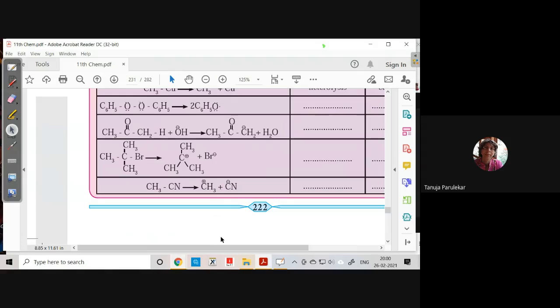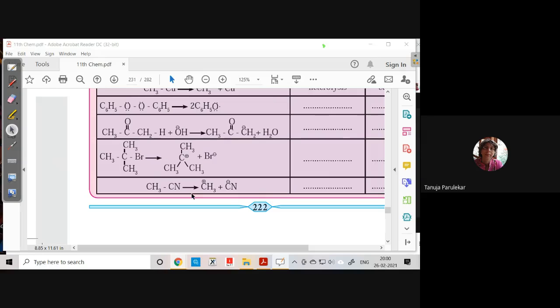Fine. So now you tell me what happens over here. Ma'am, heterolytic. Very correct. Heterolytic. The arrow should be from here to here, right? There is no space, but the arrow should be from here to here. Okay, so you have a positively charged carbocation. Now what about this?